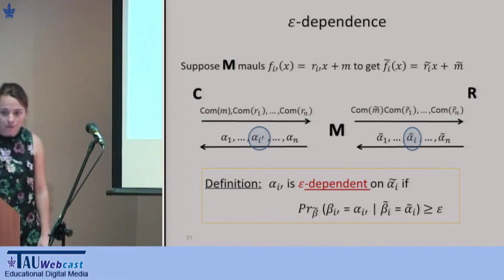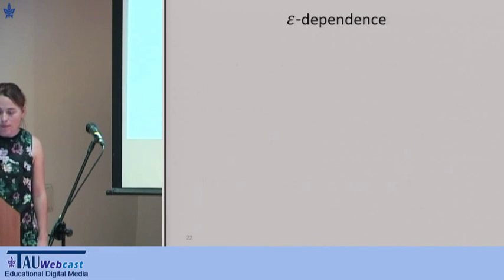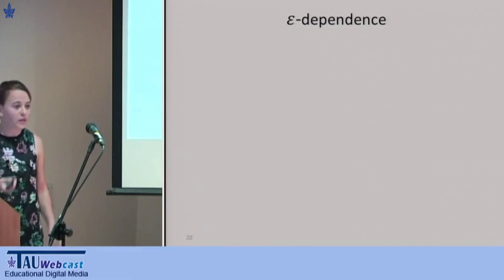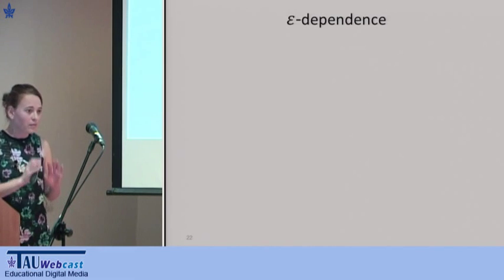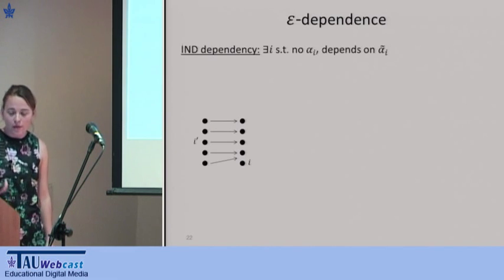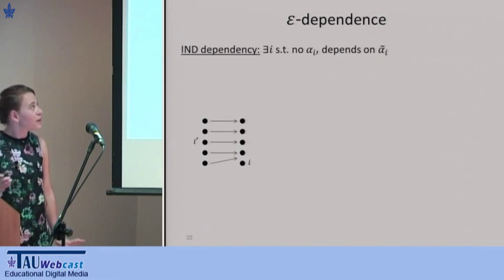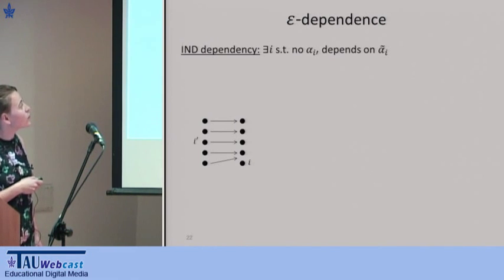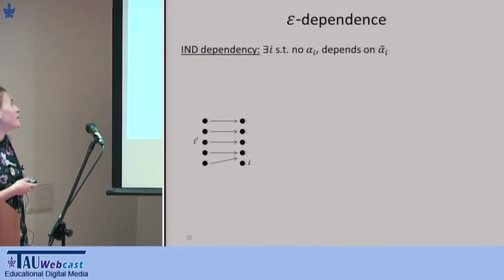Fine. So what we will now do is examine all the ways that the dependence can happen. The easiest way is independency. It means that there is some coordinate on the right that has nothing dependent on it on the left. We fix this, and nothing will be fixed on the left.